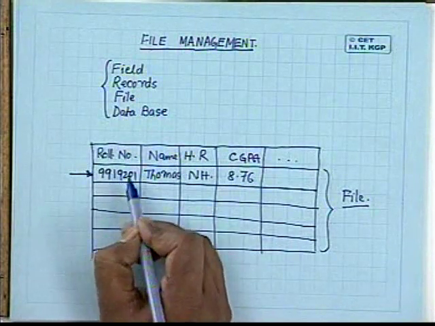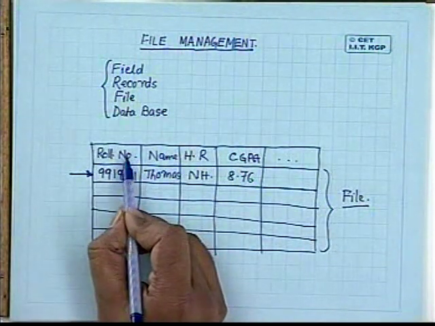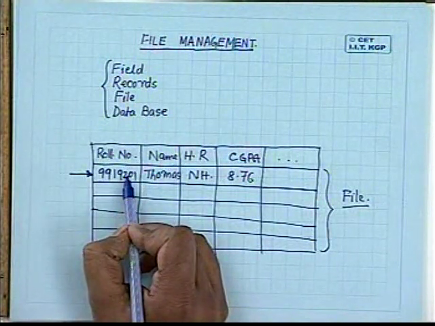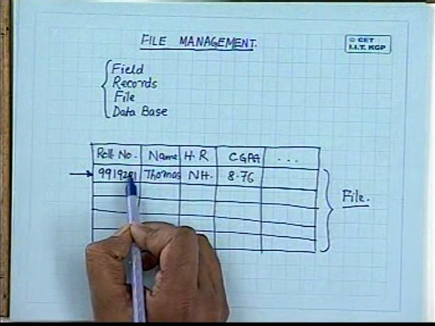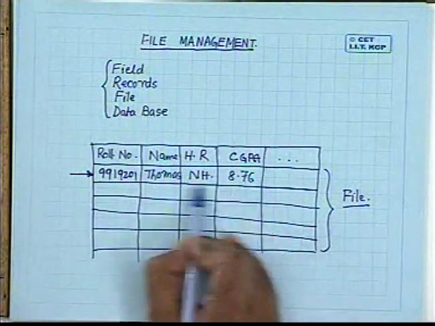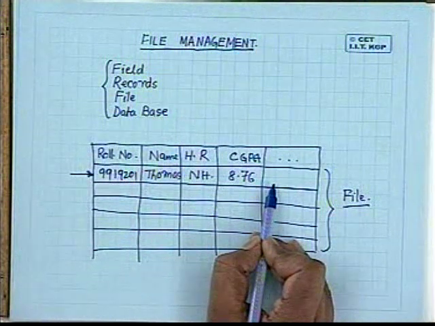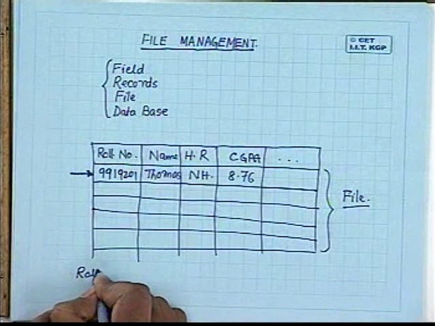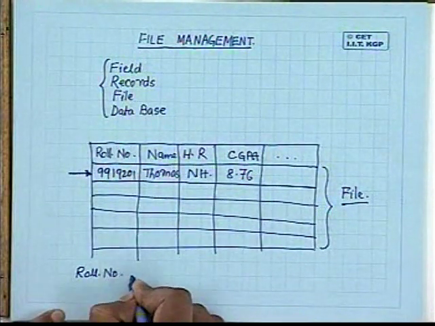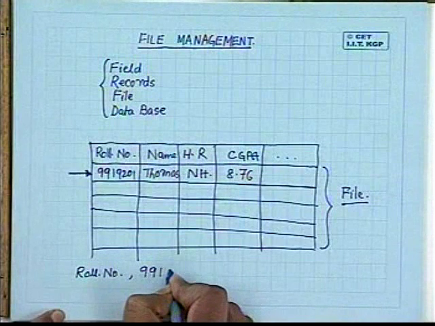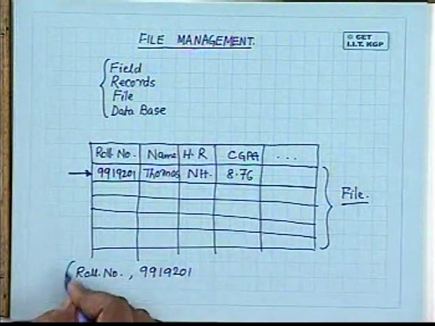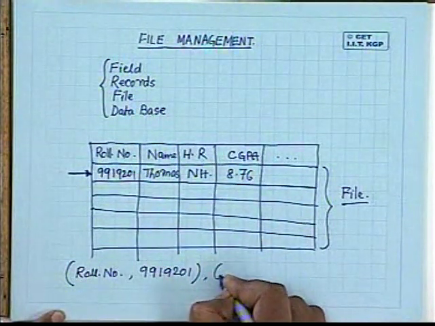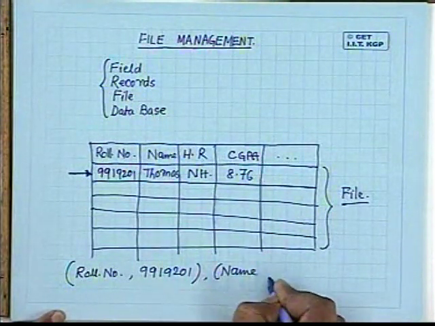If the file does not have a regular structure, we have to store the data in the form of attribute name and attribute value pairs. So instead of simply putting the values in the sequence in which they will appear, I have to store it in the form, say, roll number, 9919201, as an ordered pair like this. The next entry in the file will be name, Thomas.